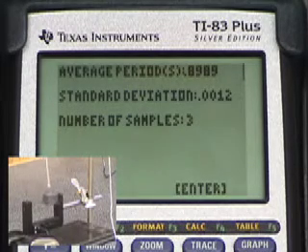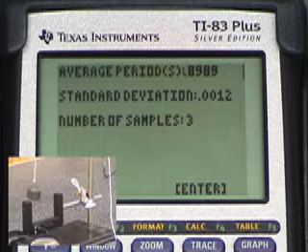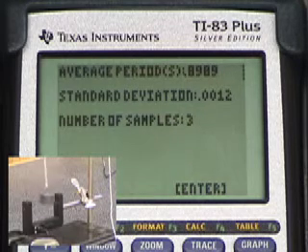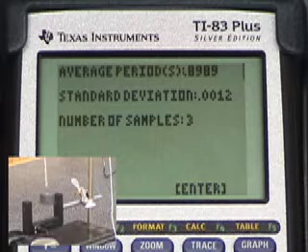And so the period of a pendulum that is 0.2 meters long is 0.8989 seconds.